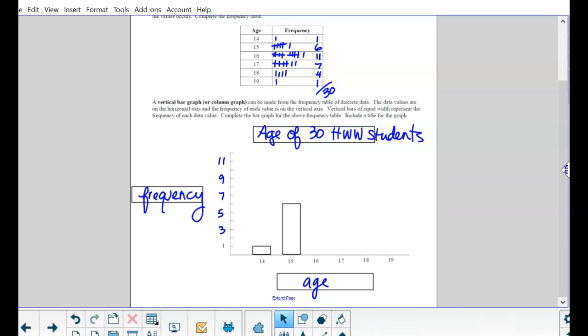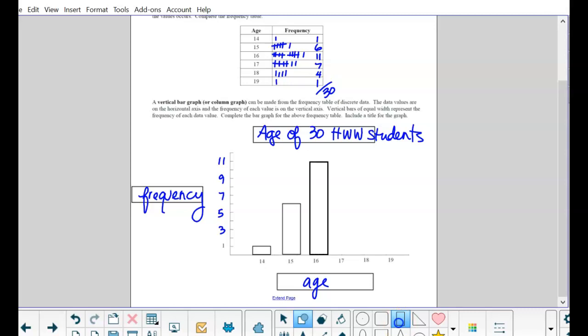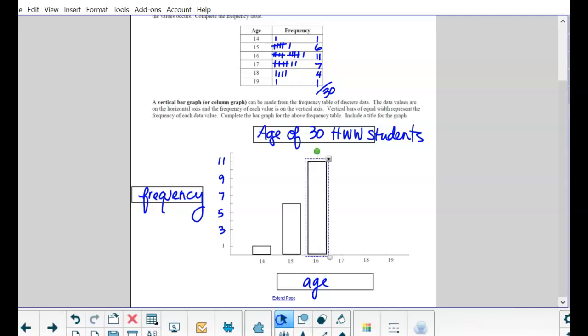I'm trying to use my rectangle here. So for 16, it is 11. That's not bad. And then, actually, I'm just going to go a little bit left here.